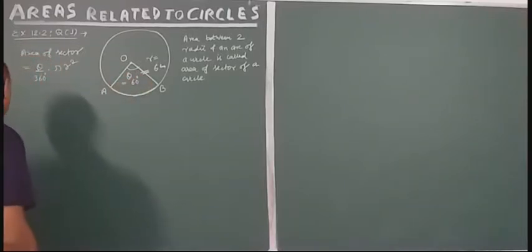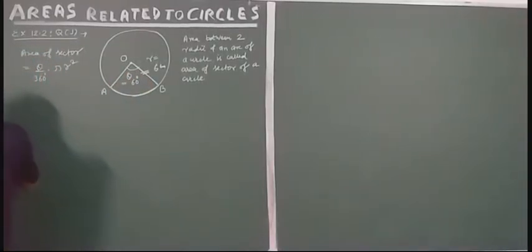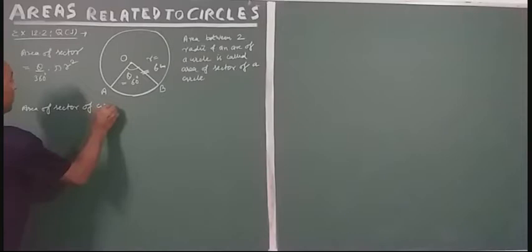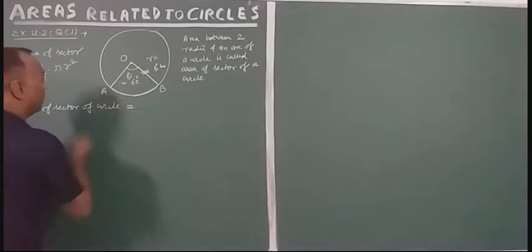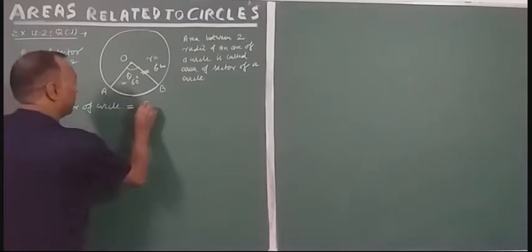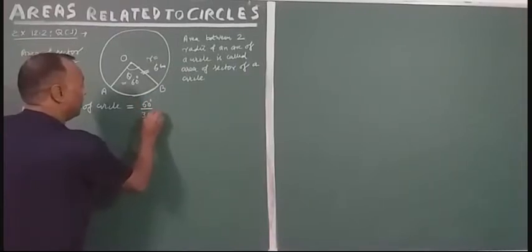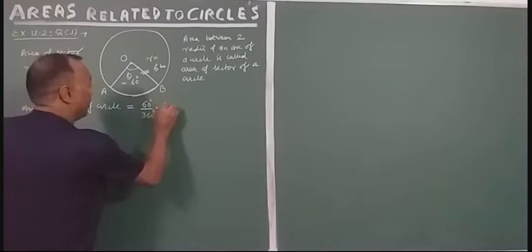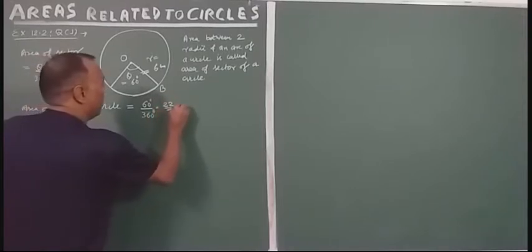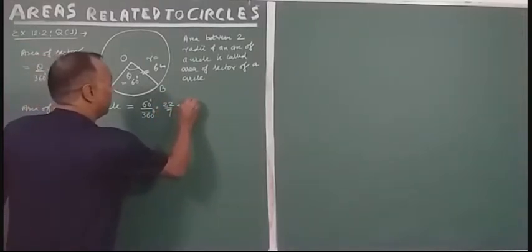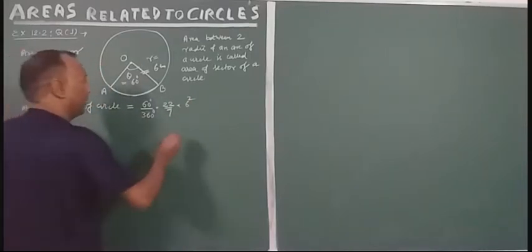Therefore, area of sector of circle will be theta upon 360, 60 degree upon 360 degree into pi into r squared, which is 6 square.